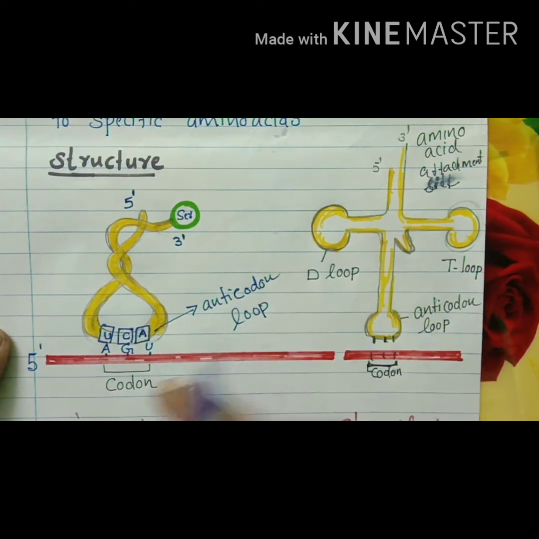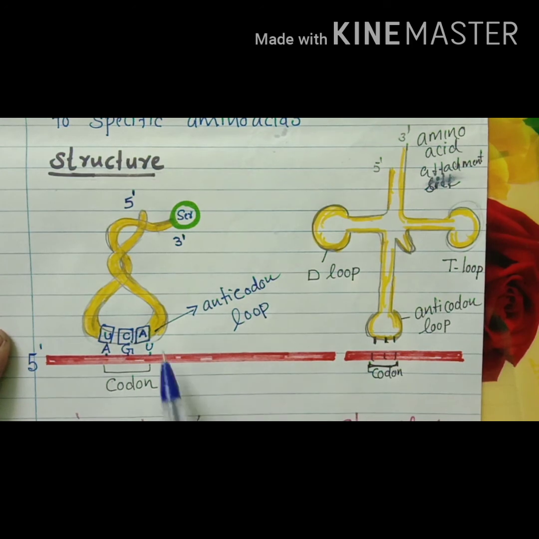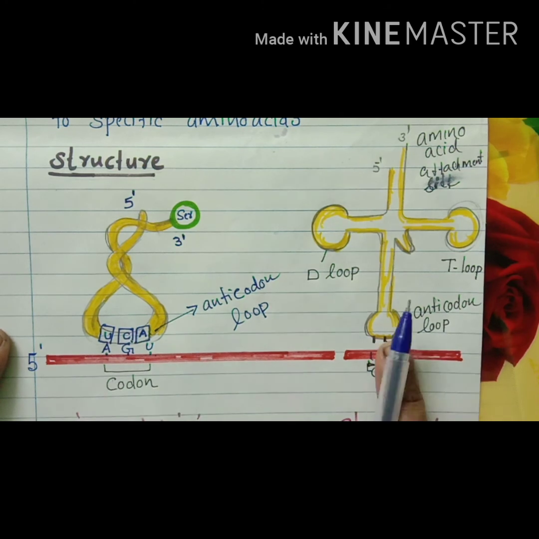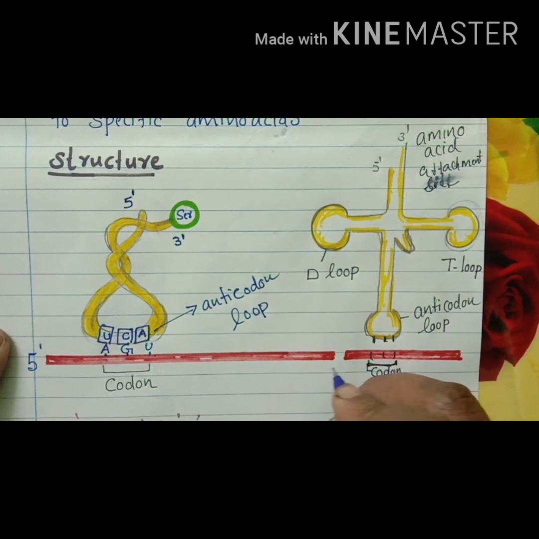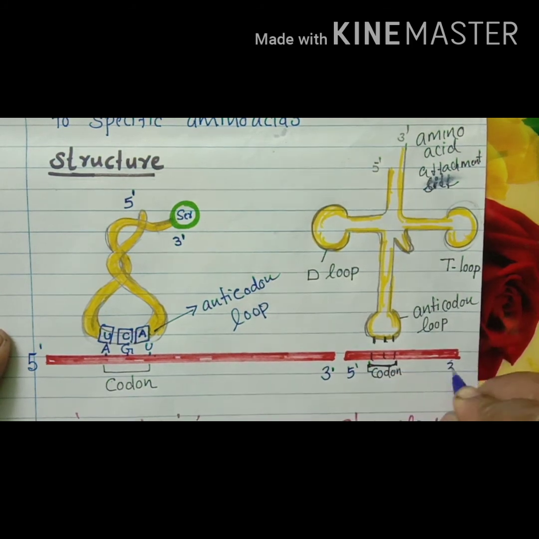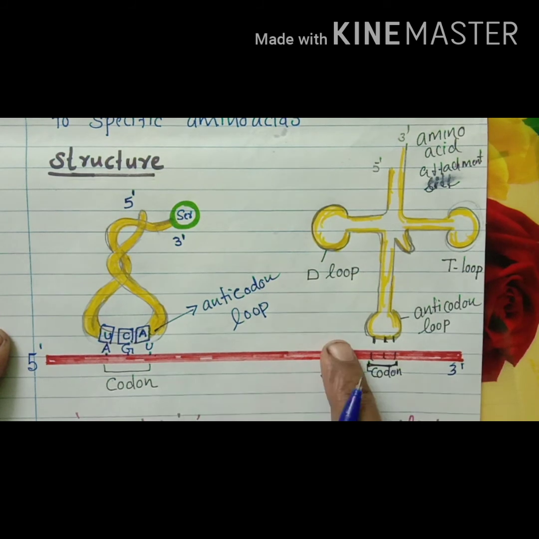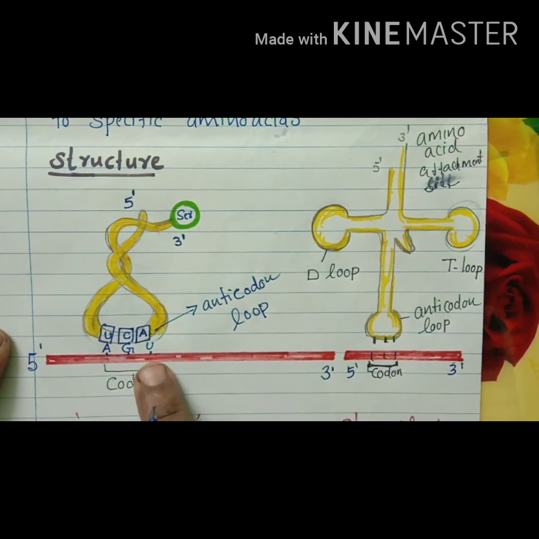When we observe the anticodon loop, this anticodon should be complementary to the codon. So this is an mRNA. The red structure is showing mRNA with the polarity 5' and 3'. This is another mRNA with 5' and 3'. The mRNA consists of codons, the messages are present in the form of codons.